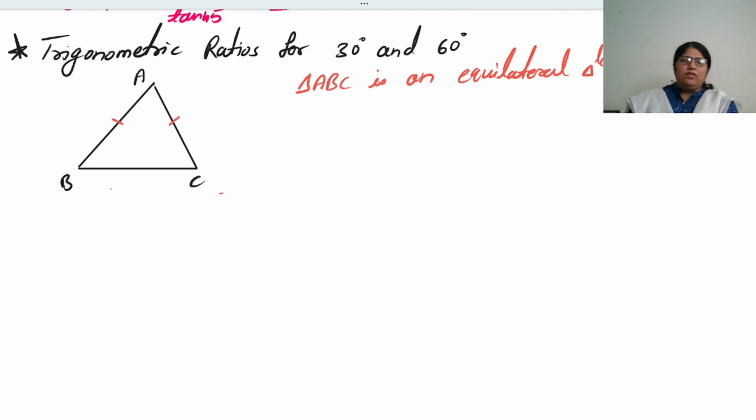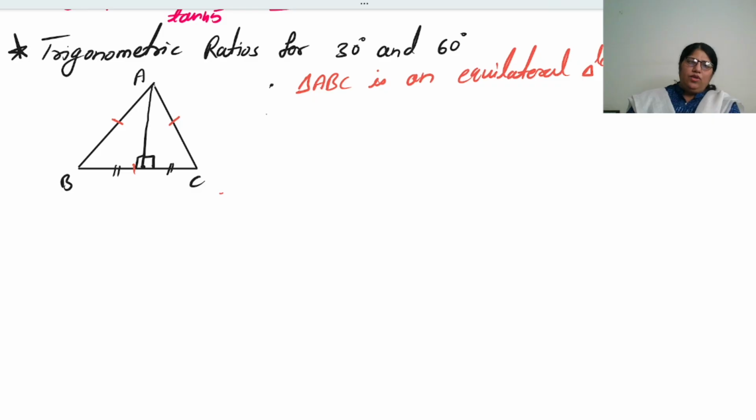This side is equal to this side is equal to this side. Now you know that a construction is required here. In the construction, you can draw the perpendicular from A to BC, which is going to be the perpendicular bisector.